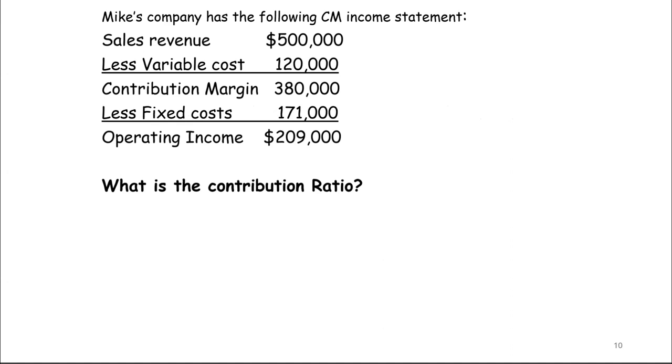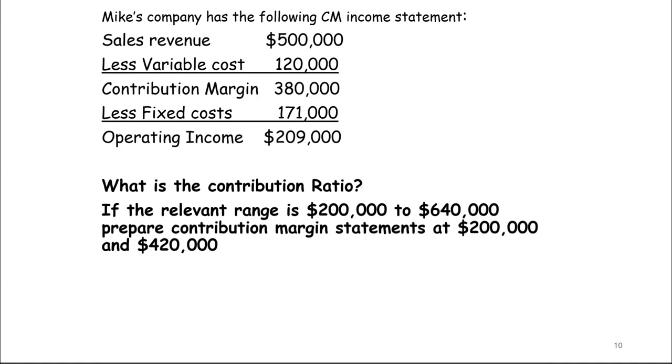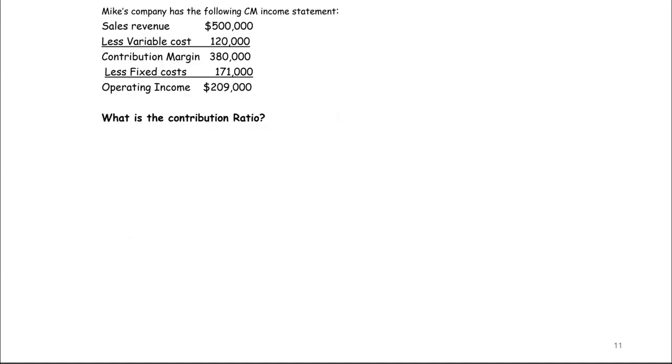So Mike has the following contribution margin. What is the contribution margin ratio? If the relevant range is $200,000 to $640,000, prepare the contribution margin statement at $200,000 and $420,000. So first, what is our contribution margin ratio?